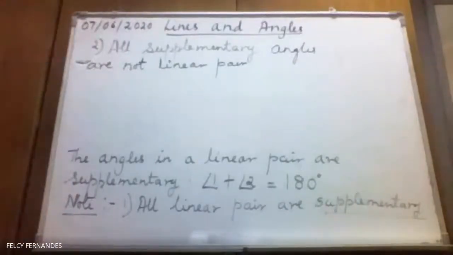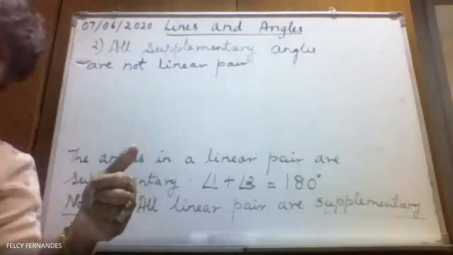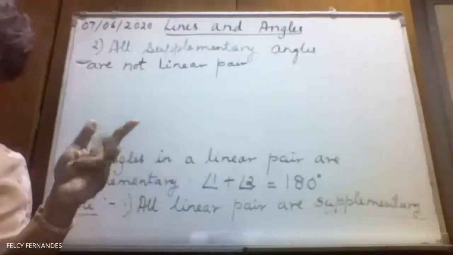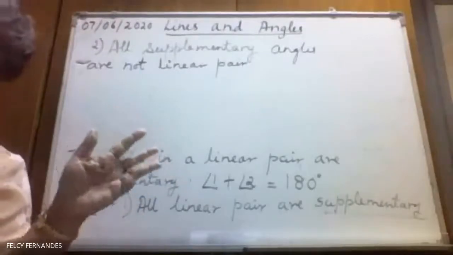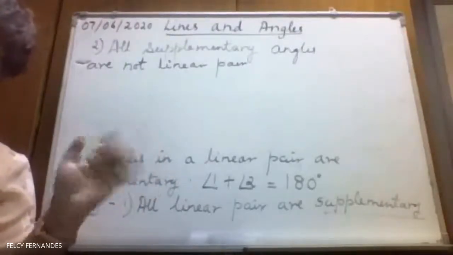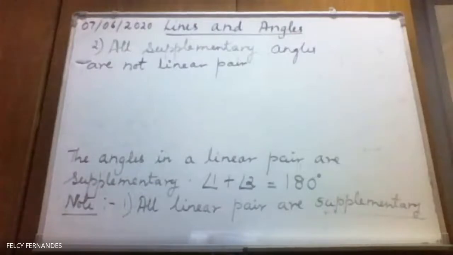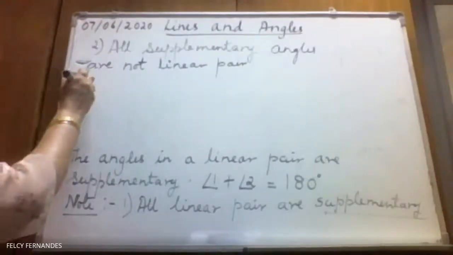Okay, now we go to the next type of pair of angles. This is the fifth type. So far we learned complementary, supplementary, adjacent angles and linear pair. Now the fifth one is called vertically opposite angles.